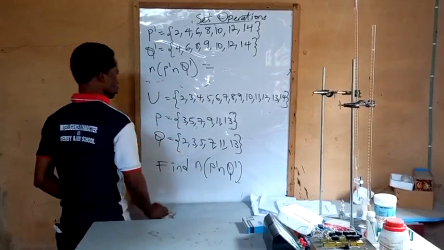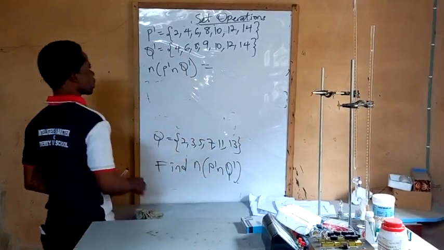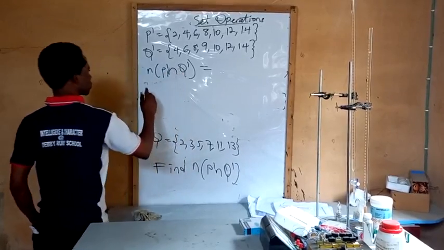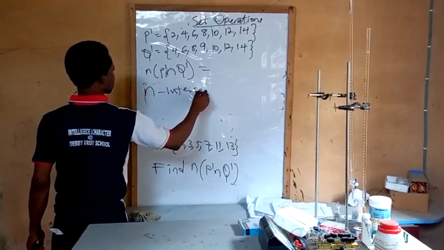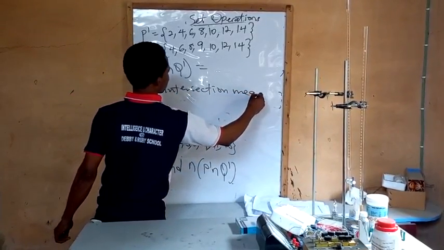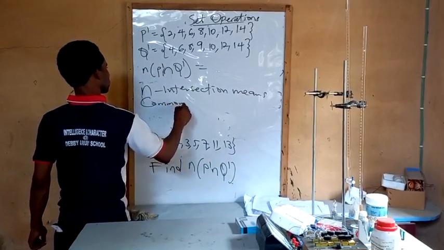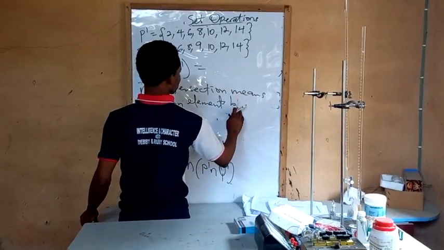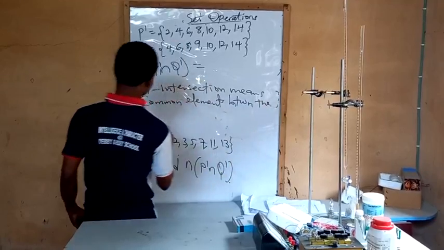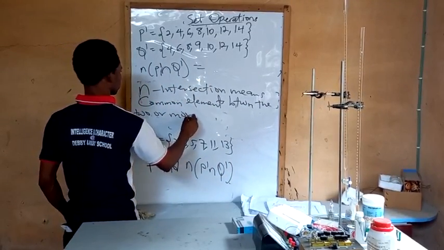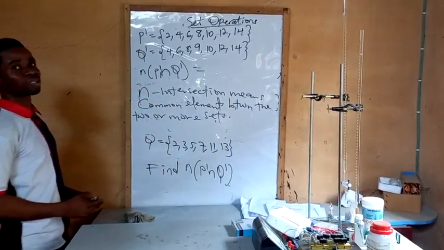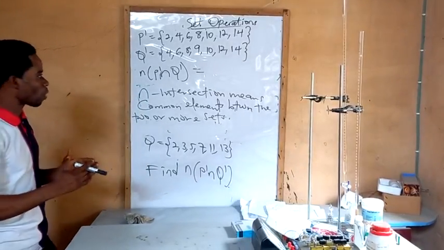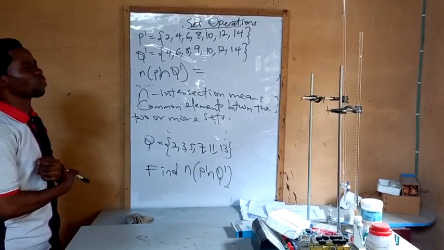So the meaning of intersection: when you hear the word intersection, it means the common elements between the two or more sets. It is denoted with this symbol.